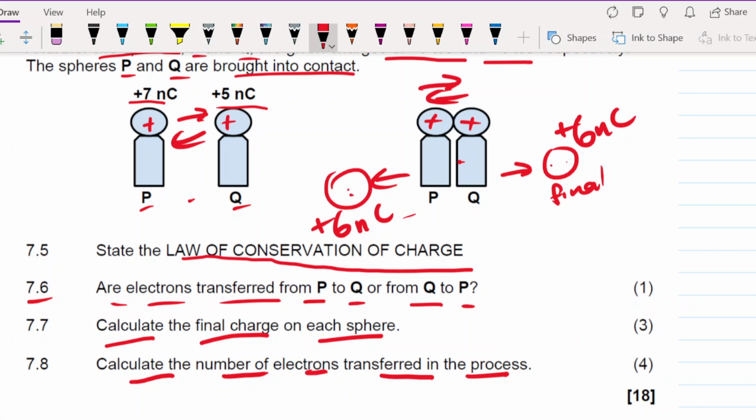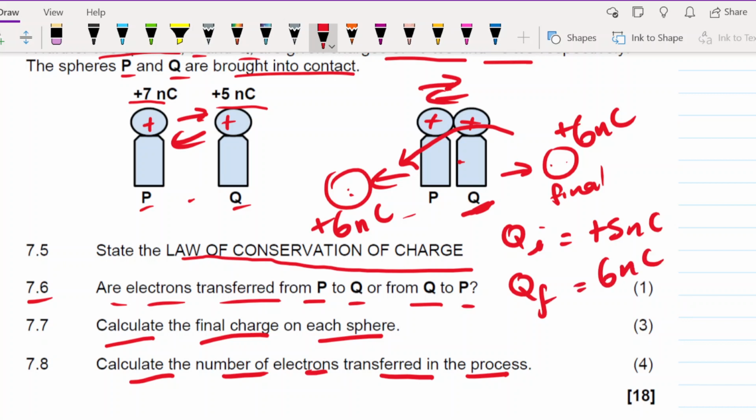So remember, we said it is charge Q that is transferring electrons to charge P. So this is the one that is transferring, which is charge Q. Initially it was 5 nanocoulombs, and then after it transferred electrons to charge P, it has 6 nanocoulombs.